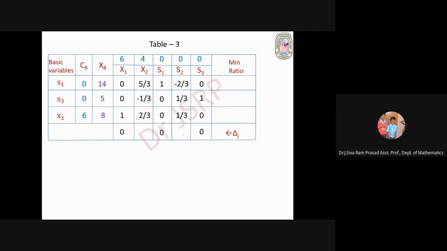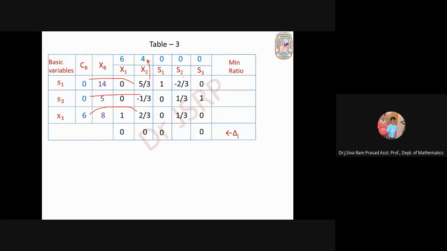Right. Now calculate delta J values. So delta 2, the delta J value for x2: CB into capital X2. That is 0 into 5 by 3 plus 0 into minus 1 by 3 plus 6 into 2 by 3. So these two are zeros. 6 into 2 by 3 is 4, minus this value 4, you get 0.